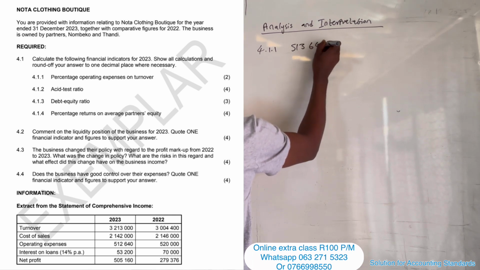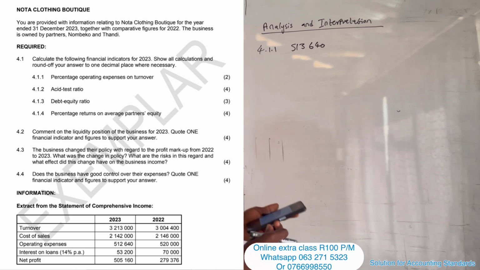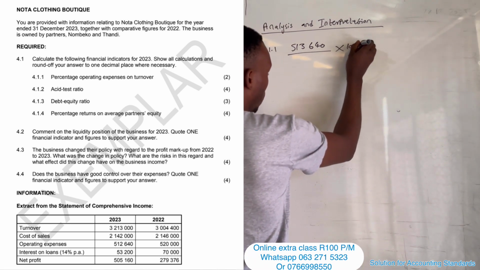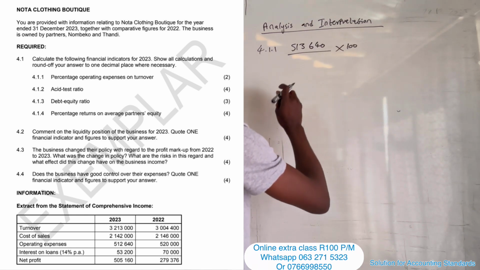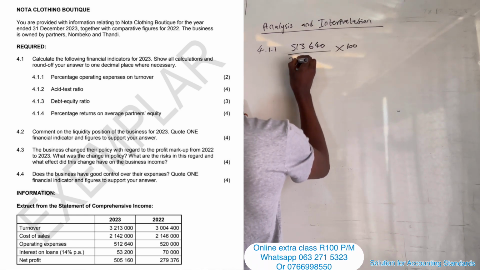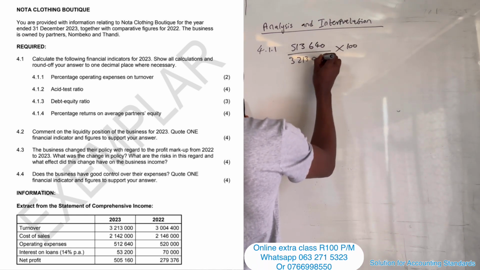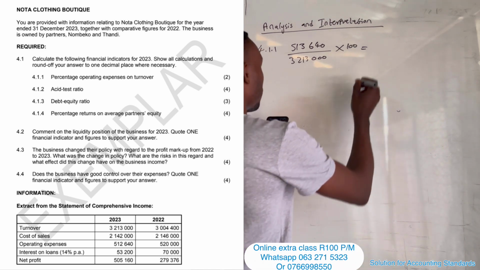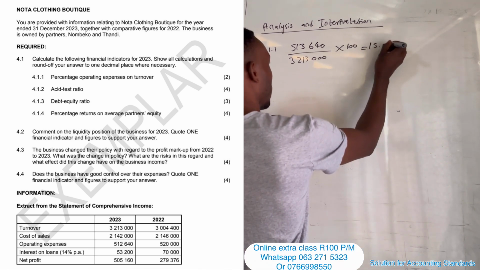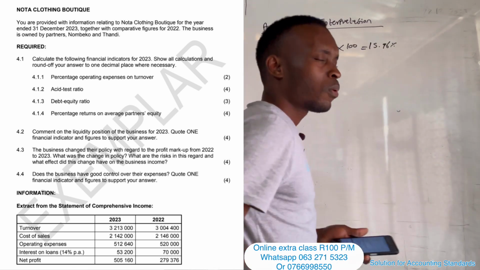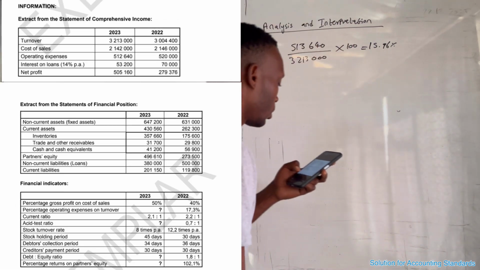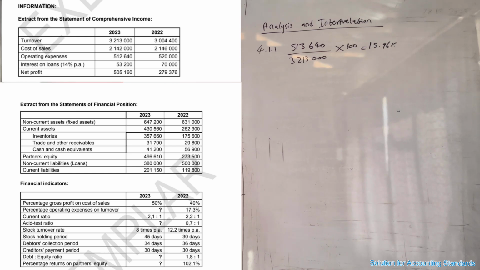Remember the formula says operating expenses divided by sales multiplied by 100. Our sales amount is 3,213,000. The answer here, guys, is going to give us 15.96. Is it good or bad? We have to compare it with the one for last year. We're going to do that when we go to the right question.